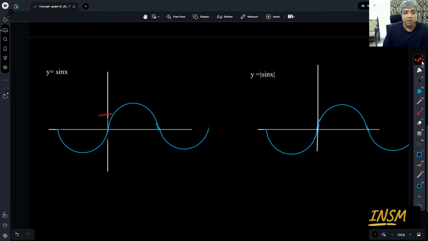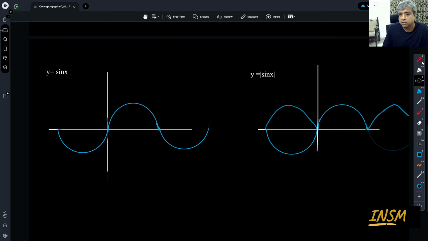Now this is the graph of y equal to sine x. Now if we have to draw the graph of y equal to mod sine x, we will take the image of the portion of the graph below x-axis on x-axis, something like this. Hope it comes smoothly like this and like this. And then we delete the portion of the graph below x-axis.